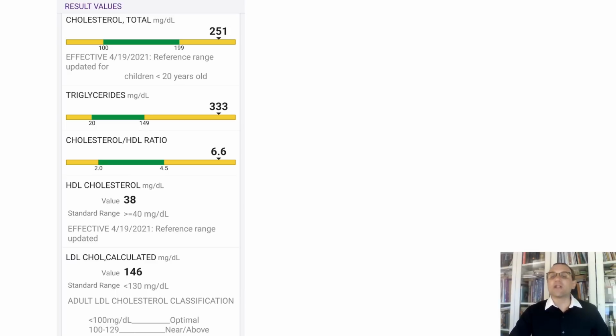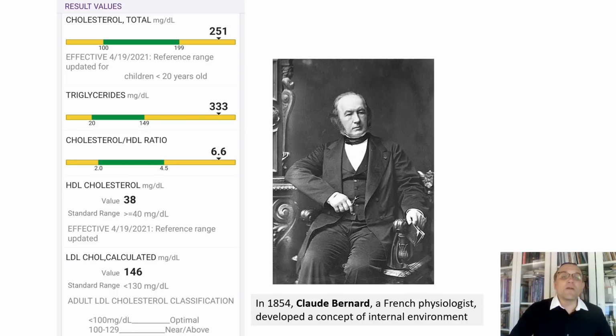The observation that organisms have to keep a constant environment in their body and cells was first made and described by a French physiologist, Claude Bernard. Homeostasis is the ability of an organism to keep a constant environment within its body or cell, because some organisms are unicellular, that is to say, made of one cell.